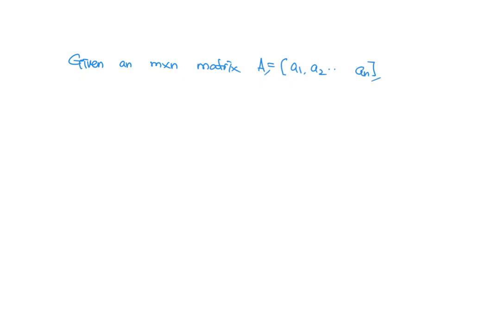Then the column space was the span of A1, A2, up to AN. So these n columns will generate the column space.